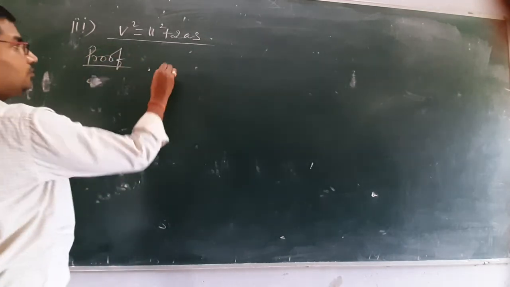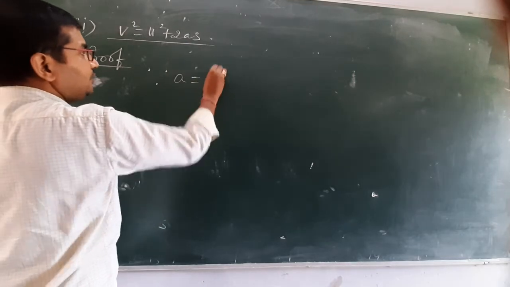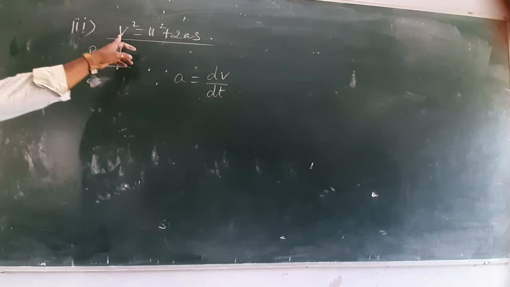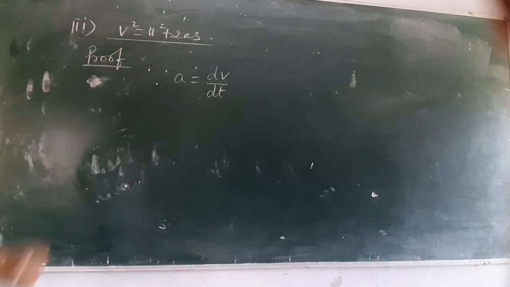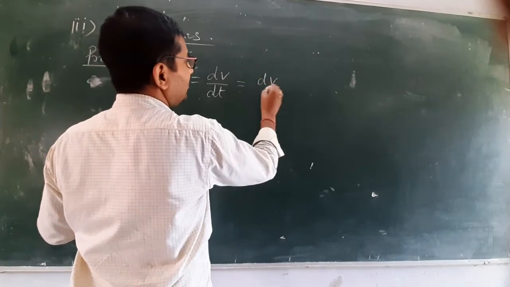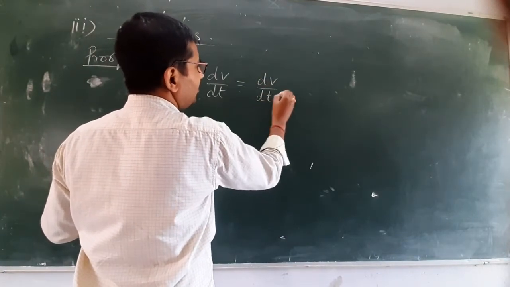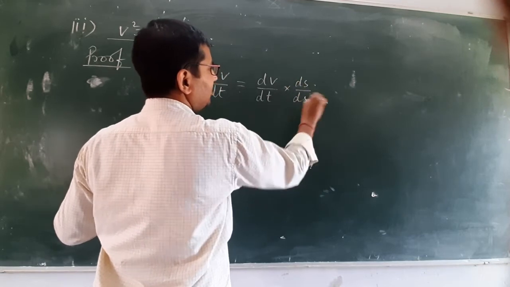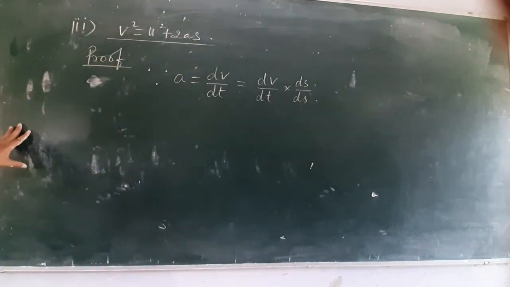You know, acceleration is equal to dv upon dt. Here you are seeing that in this equation time t is absent. So you have to delete this time t by multiplying and dividing by the distance ds.